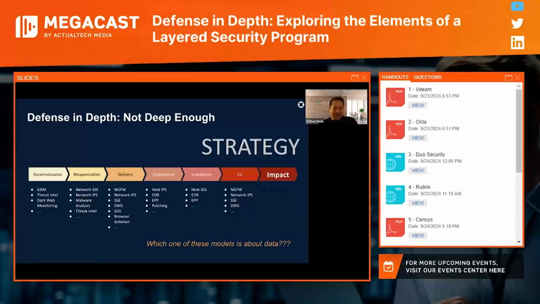And when you look at the last stage, impact or action on objective, literally where the bad guys land and lay hands on your data, encrypt it, steal it, destroy it, whatever the case might be, there's virtually nothing in terms of capabilities you can use to prevent or disrupt the last stage. If we're not doing anything about that, our defense in depth simply isn't going deep enough.